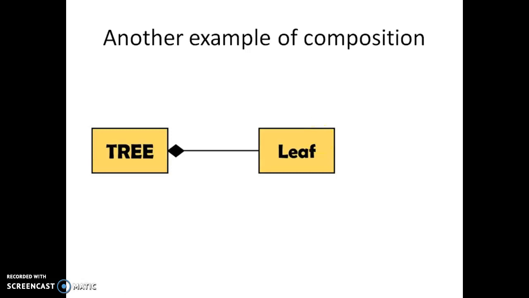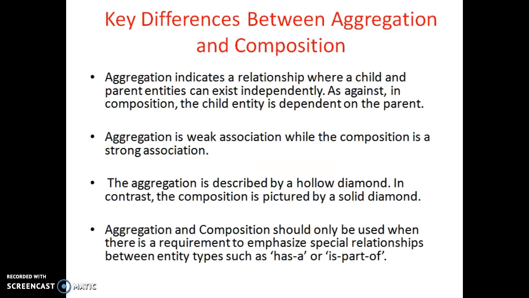In composition, the child entity is dependent on the parent. Means if the parent is destroyed, the child also must be destroyed. But in aggregation, parent and child, that is whole and part, can exist independently. So aggregation is a weak association while composition is a strong association. Aggregation is described by a hollow diamond, that means open.